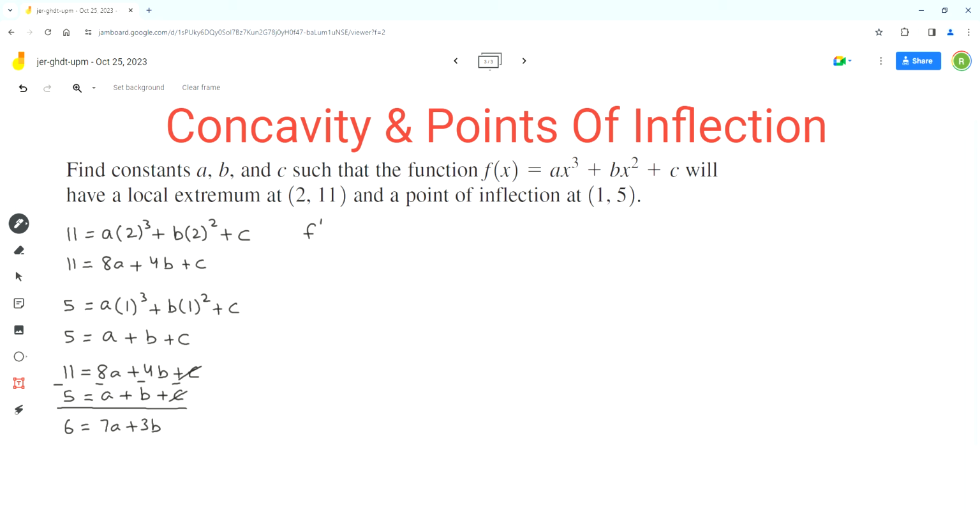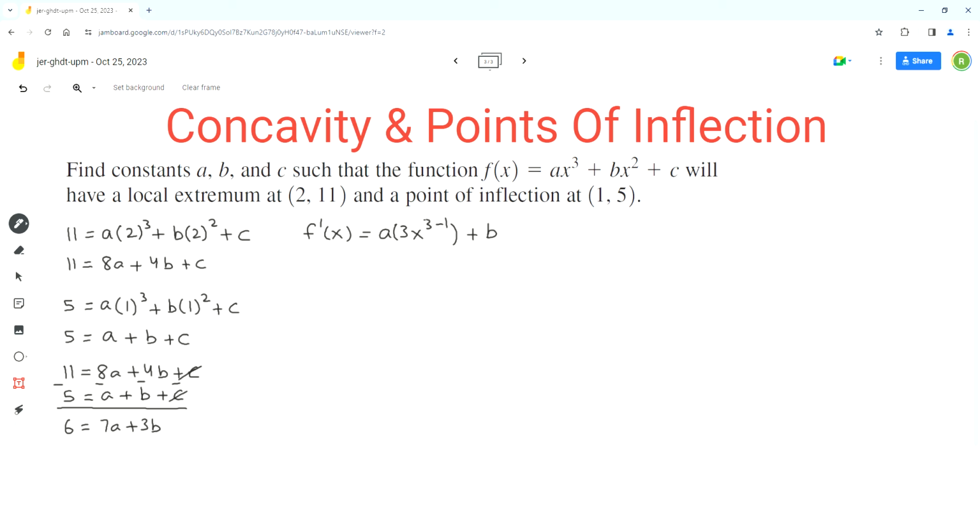So f prime of x equals, for the first term, a is the coefficient, it's a constant, so it will stay as it is. And we can find the derivative of x cubed using the power rule. As per the power rule, we'll move the exponent 3 to the front and subtract 1 from 3 in the exponent. Plus, now in the second term, b is the coefficient and it's a constant, so it will stay as it is.